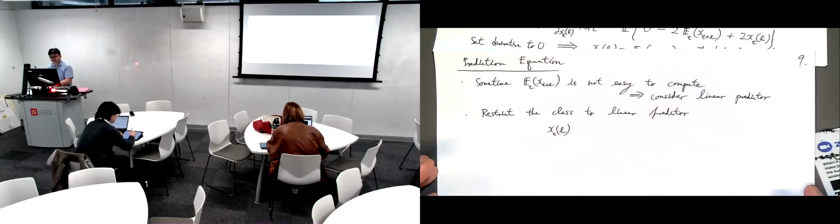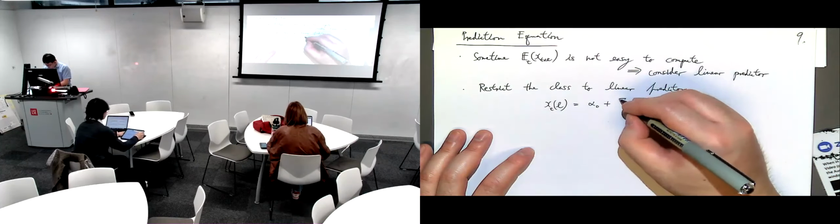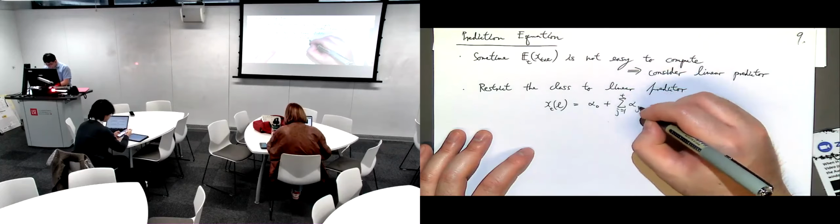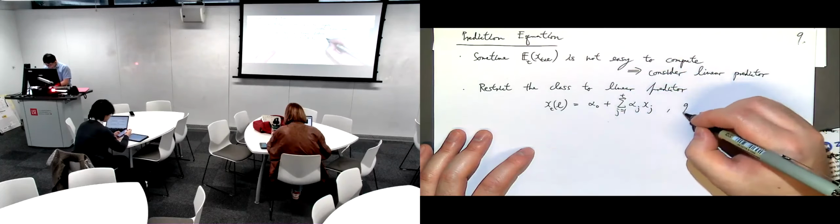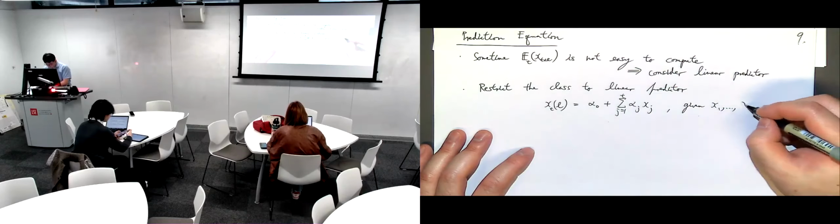So we still use this notation, X_t[L]. Don't mix it up with the best L-step ahead predictor, which can be highly nonlinear. Here, we explicitly restrict this to be a linear forecaster given your data X_1 up to X_t. Your current time is t, and you observe X_1 up to X_t.